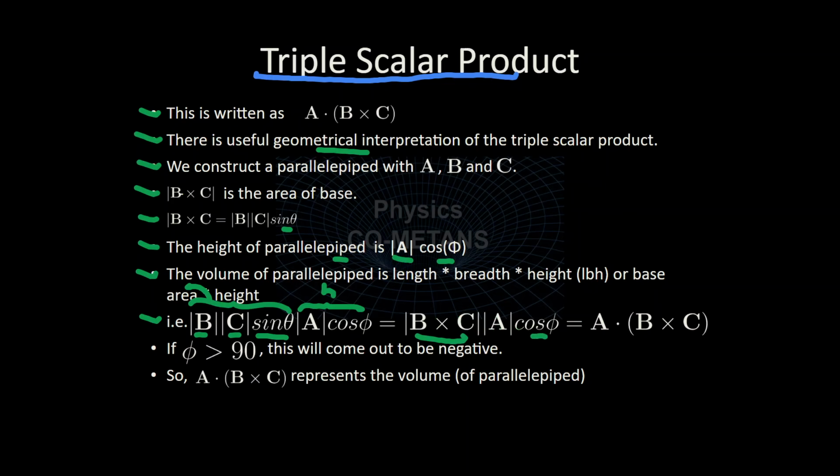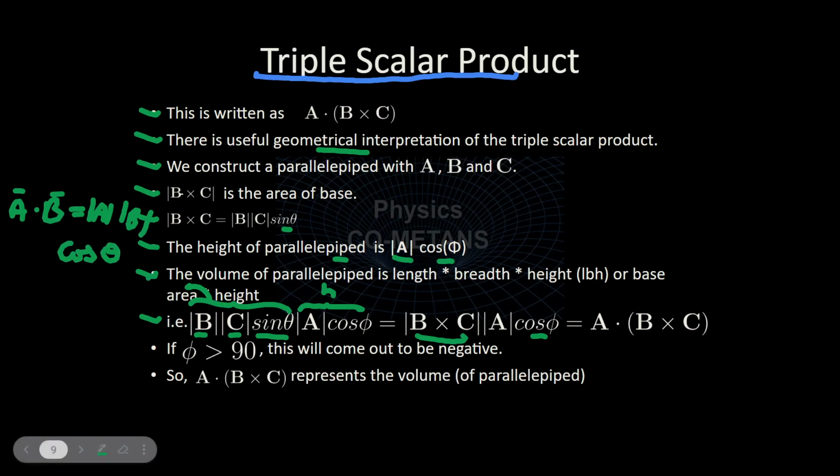Now b cross c is a vector. If you want to call, let's say b cross c is some vector d. So we know that a dot b is equal to modulus of a, modulus of vector b into cosine of the angle between them.